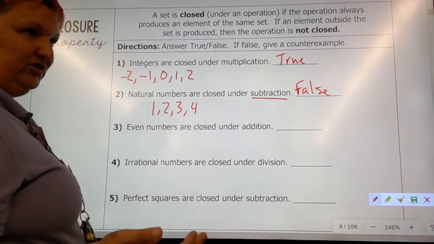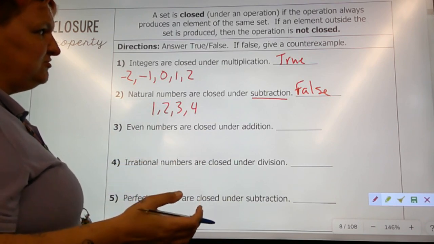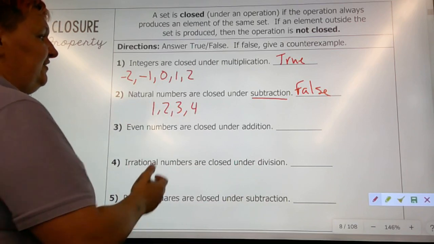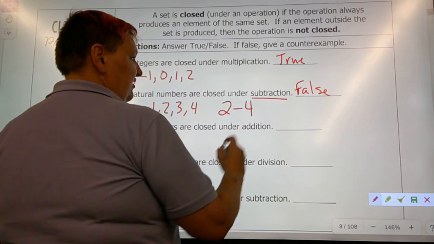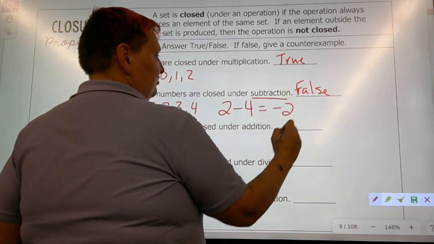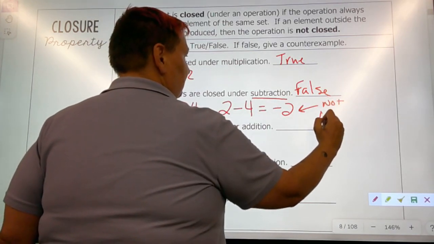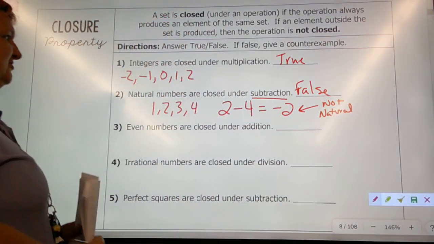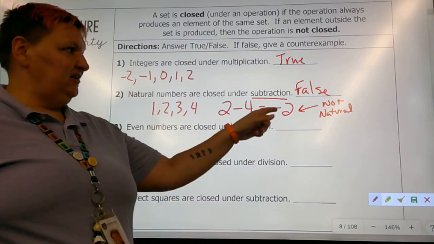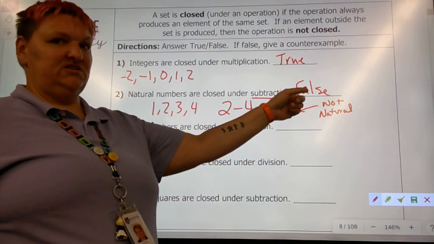A not natural number would be 0 or negatives or decimals or fractions. So if I did 2 minus 4, I would end up with negative 2. Negative 2 is not natural. So you can subtract two natural numbers and end up with a number that's not natural. So this is not a closed system. This is false.